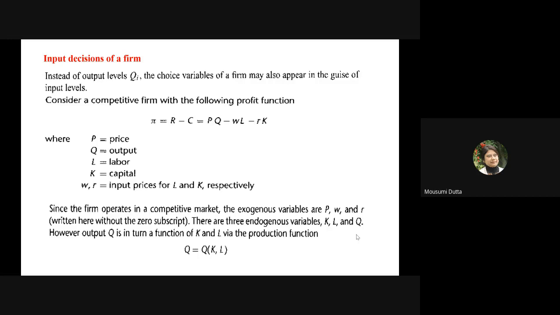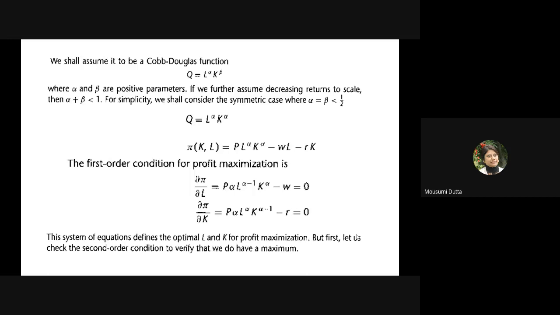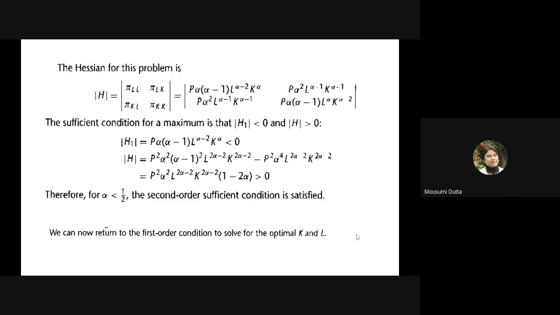L and K are the two variables, labor and capital. Using these two equations, we derived the value of L star and K star. Using the first order conditions, we can derive the values of L star and K star. L star will take this kind of value and K star will take this kind of value.